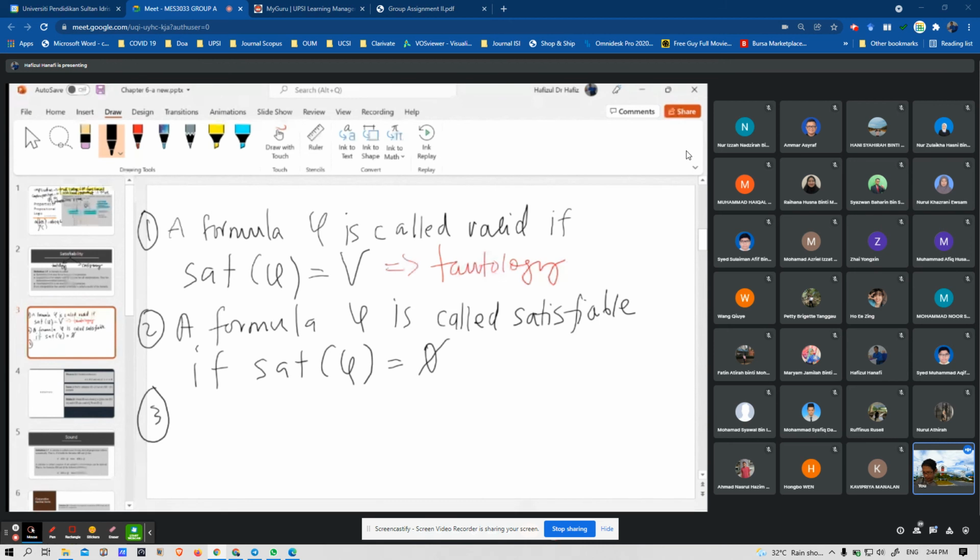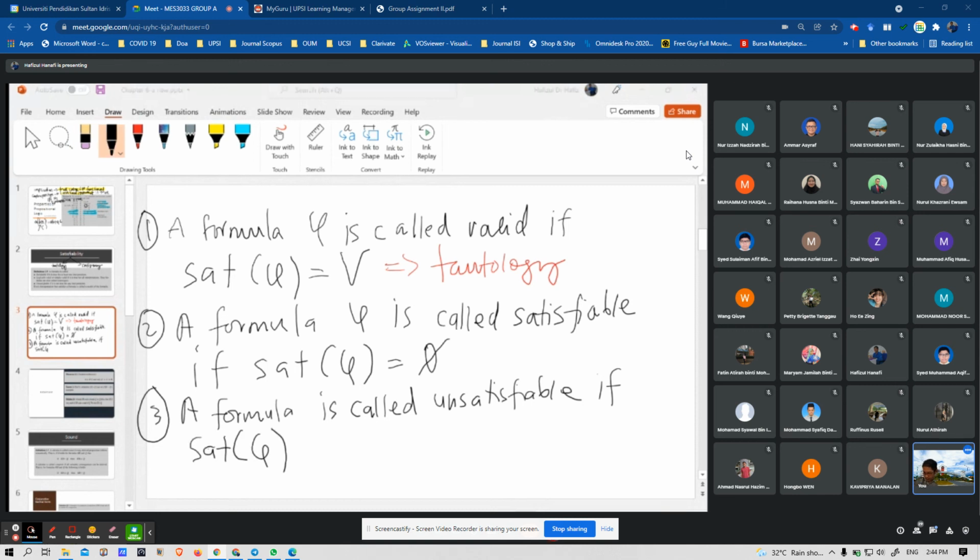A formula mu is called unsatisfiable if mu is the empty set.